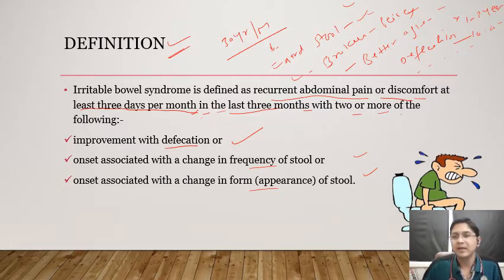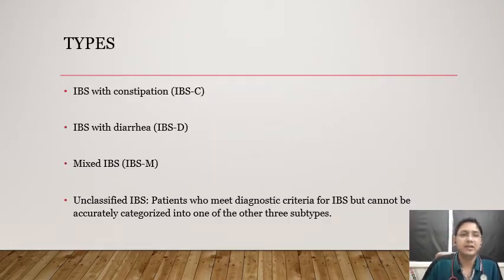So this is the patient, and now we have to categorize the patient according to the definition, in which category he fits. As the name suggests, IBS with constipation: here the predominant complaint is constipation. Means when the patient is having altered bowel habit 3 days a month for 3 months in a year, most of the time he is constipated.